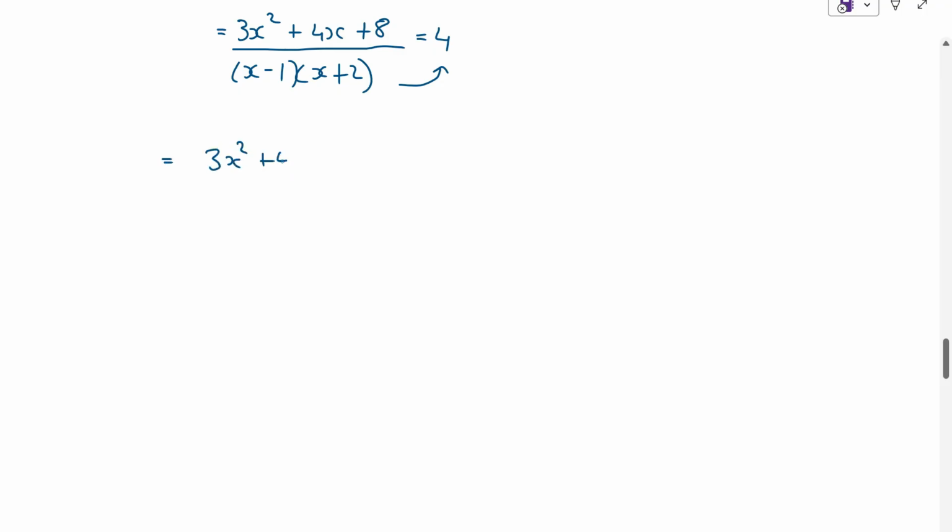So 3x squared plus 4x plus 8 equals 4 multiplied by this denominator, which if we just multiply out now, will be x squared plus x minus 2. So let's just go ahead and multiply that out. Just going through these steps one by one and showing our working out underneath each other.